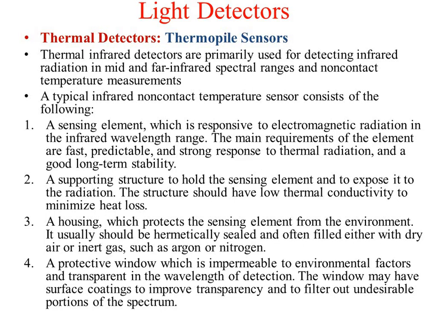A typical infrared non-contact temperature sensor consists of the following elements. A sensing element, which is responsive to electromagnetic radiation. Then a supporting structure to hold the sensing element. Then a housing, meaning the sensing element and the supporting structure are put inside a metal case, which protects the sensing element from the environment.